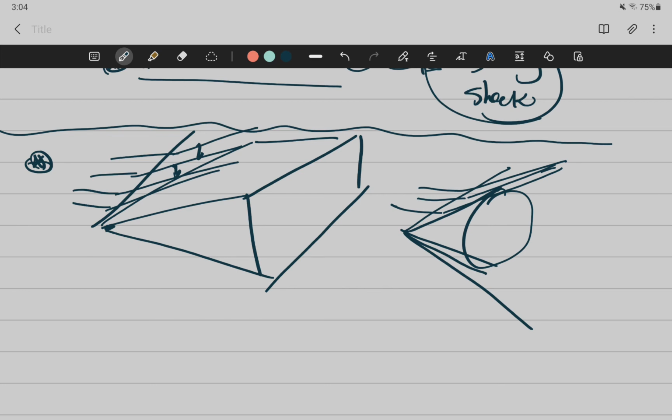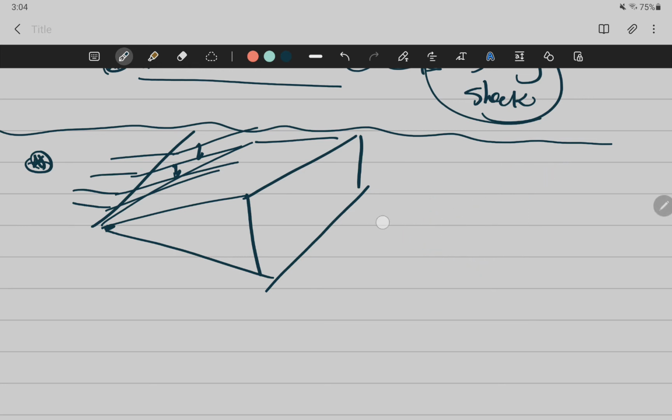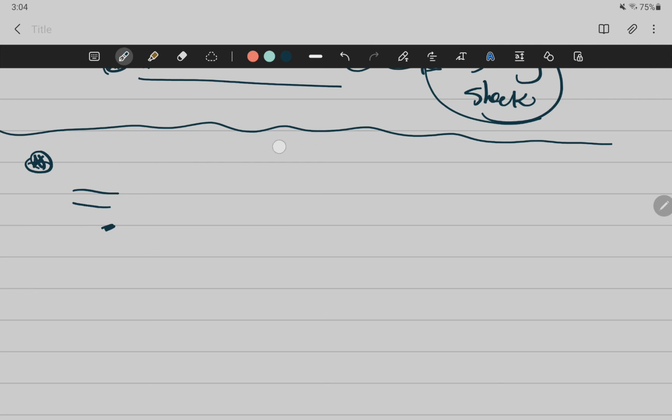And the conical shock wave analysis is actually much more complicated. I don't even think they do this in the compressible fluid flow course. I mean, hopefully they do.